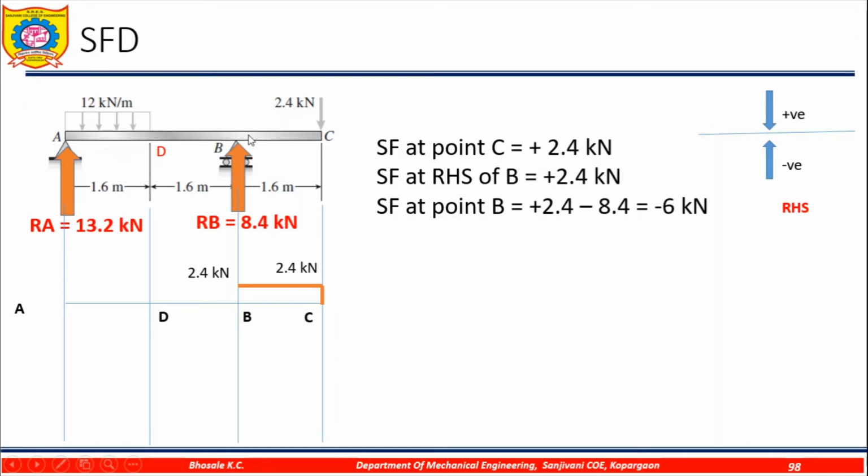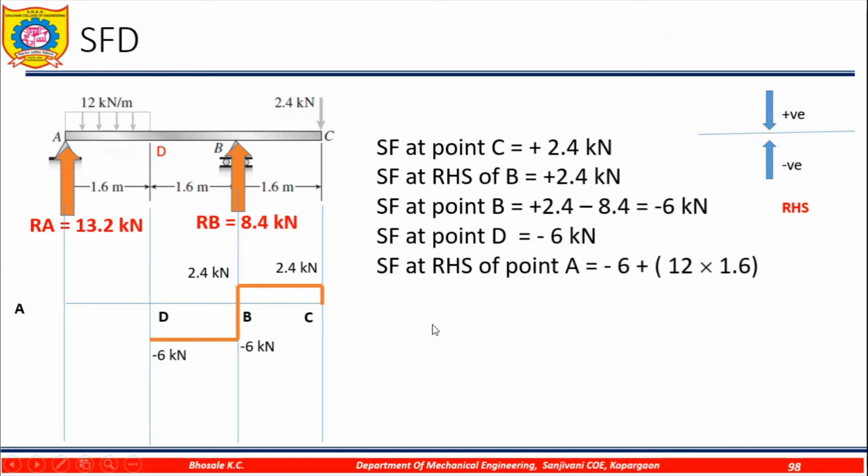Then at point B, this reaction 8.4 is minus 8.4, so the total summation is minus 6. The shear force will change from 2.4 to minus 6. Similarly, at point D, there is nothing between point B and D, so minus 6 kilonewton, and a horizontal line will be there.